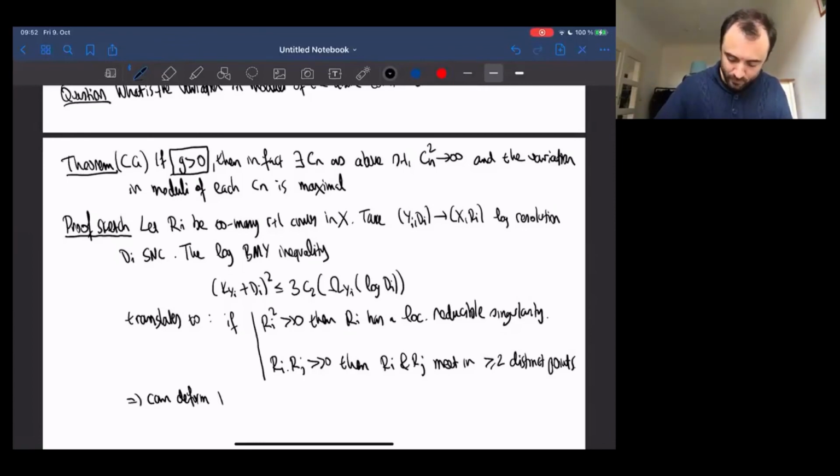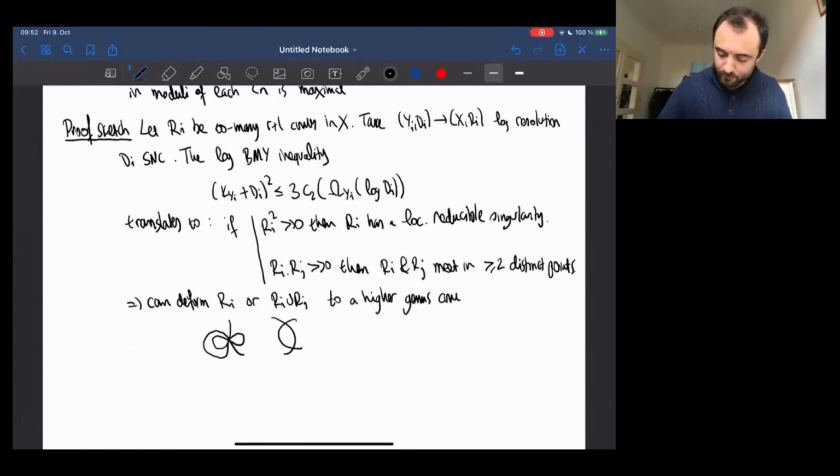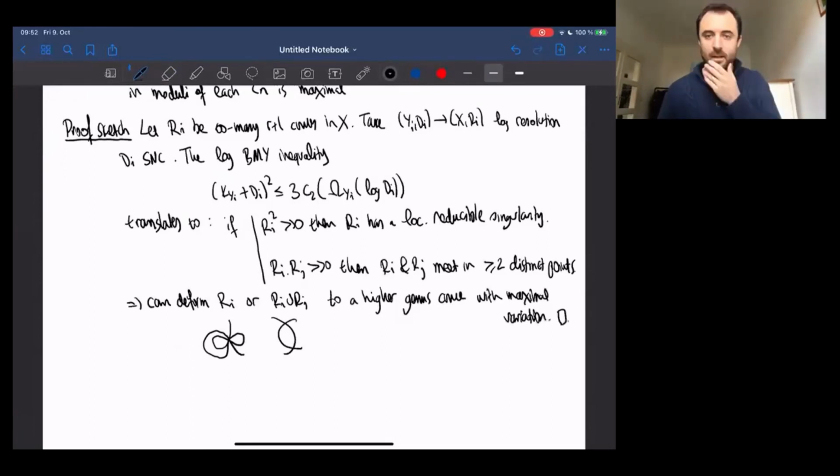So we can deform Ri or Ri union Rj to a higher genus curve with maximal variation. Okay, so that's a very rough sketch of the proof.